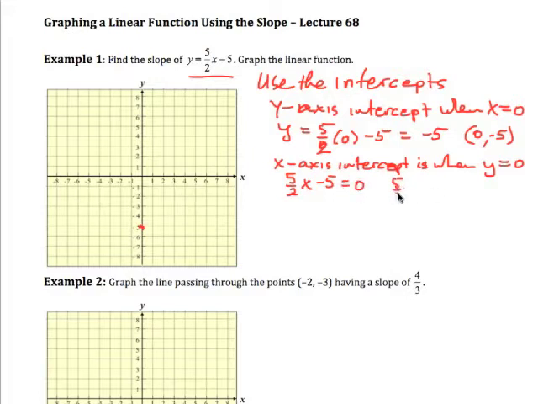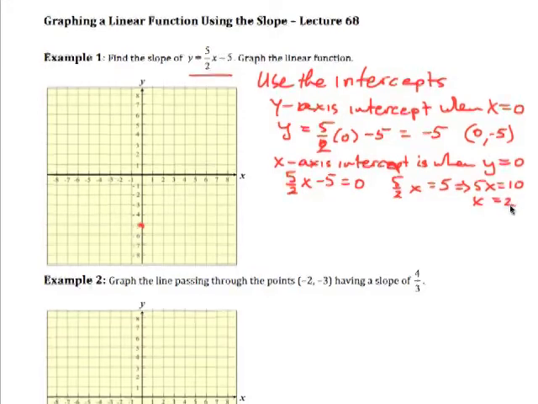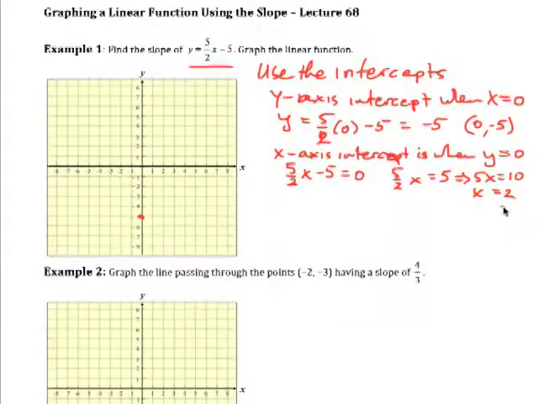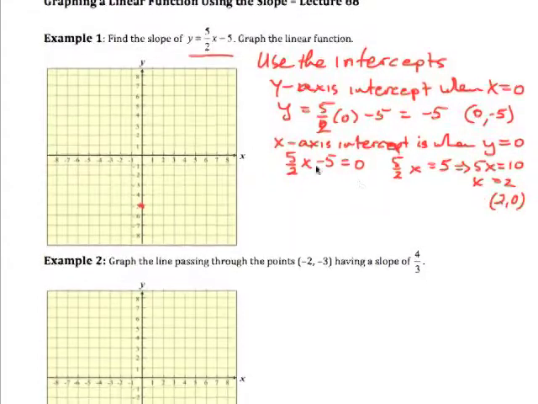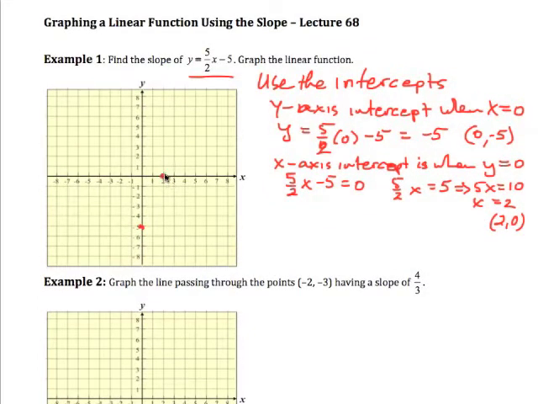So we have 5/2 x equals 5, which implies, of course, that 5x equals 10 or x equals 2. So our point would in fact be (2, 0). So right here. So the line we're talking about is in fact this line here.